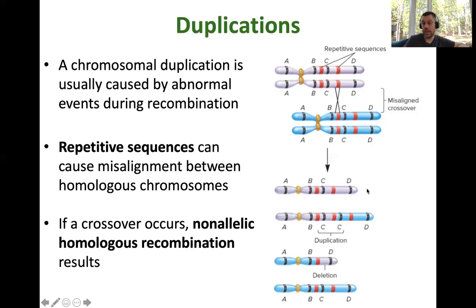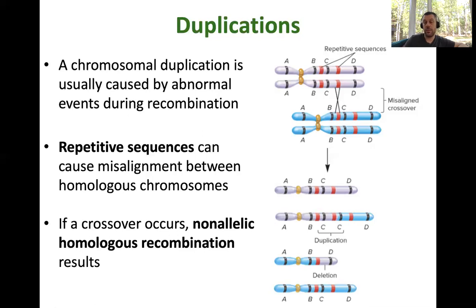If this occurs during crossover, you're going to get the following four possibilities in gametes. You're going to get a normal purple chromosome at the top, a normal blue one at the bottom, and then these weird ones in the middle are because of the misaligned crossover.